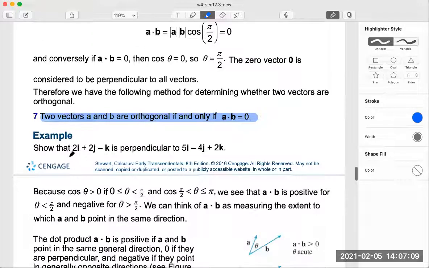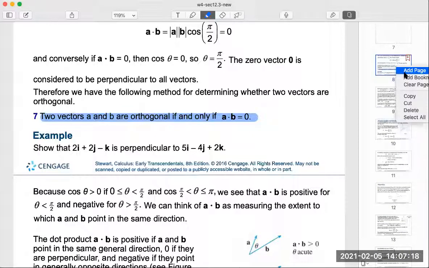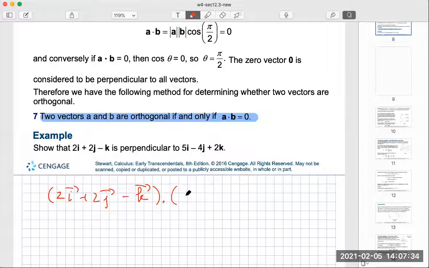And here, show that this vector is perpendicular to this vector. In order to show that, we need to find the dot product between these two, right? We need to find the dot product of 2i plus 2j minus k dot 5i minus 4j plus 2k.